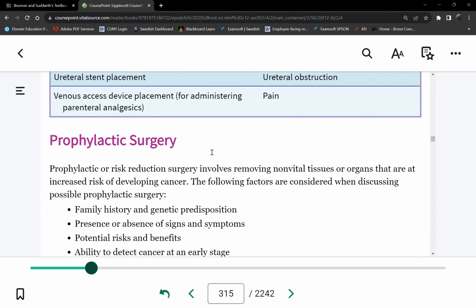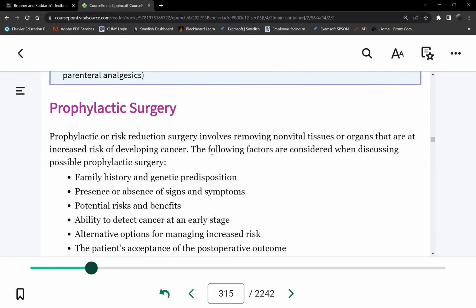Okay. Prophylactic surgery, as the term means, what does prophylaxis mean? Preventative, so before it happens. Very good.